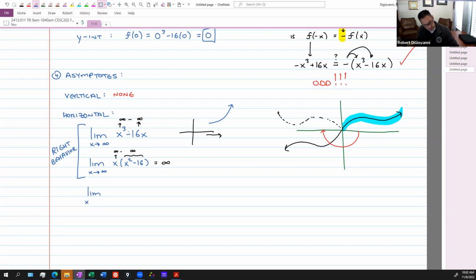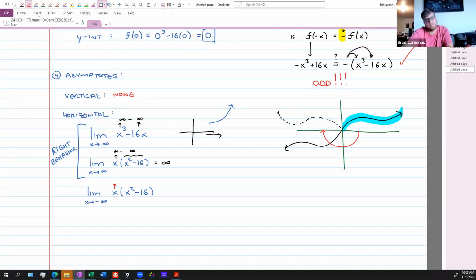Limit as x goes to negative infinity. Let's go out the left side. And let's go ahead and factor it right now. Where does this go? Where am I headed? Yeah, okay. Negative infinity. That goes to negative infinity.